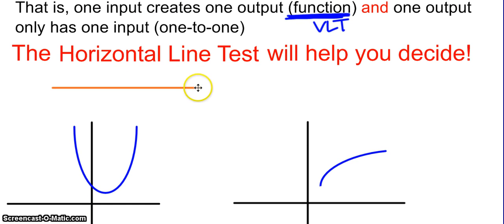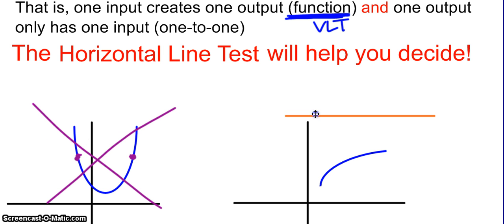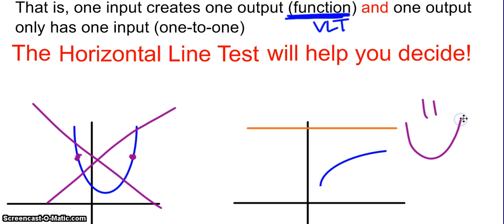If I were to take that horizontal line and drag it across my graph, at any point are blue and orange touching twice? Yes. That's going to be a problem. That one's not one-to-one. But if I take that orange line and I drag it along this graph, is there any point where orange and blue intersect more than once? No, there's not, which is why this one is one-to-one.